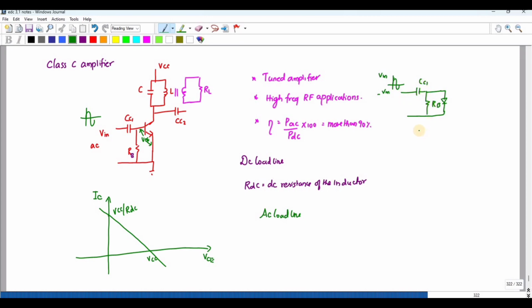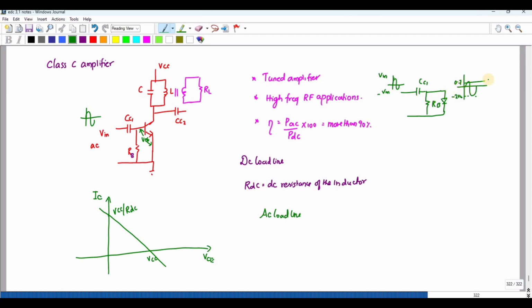During the positive half cycle, the capacitor gets charged to Vm, so there is no output signal during the positive half cycle, but here I have a diode, so it will be at 0.7 volt. During the negative half cycle, the capacitor gets discharged up to minus 2 Vm.